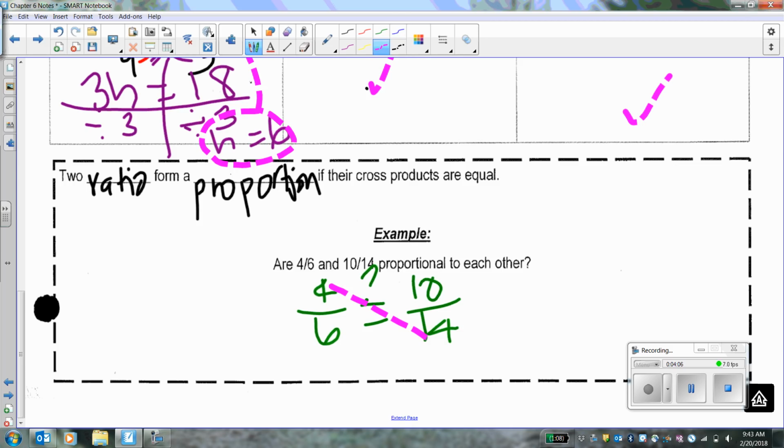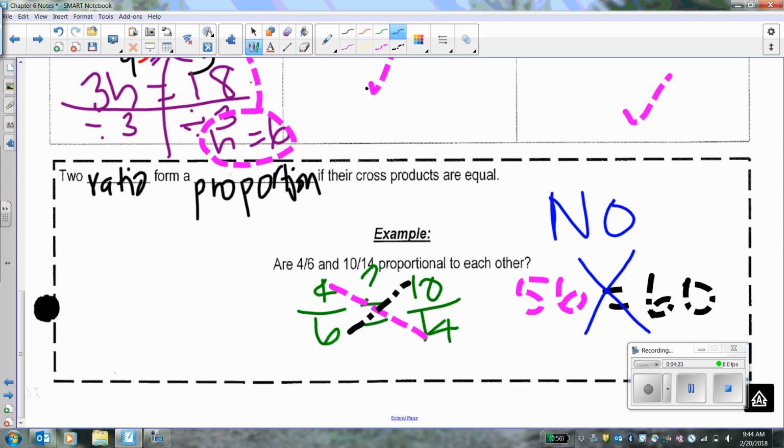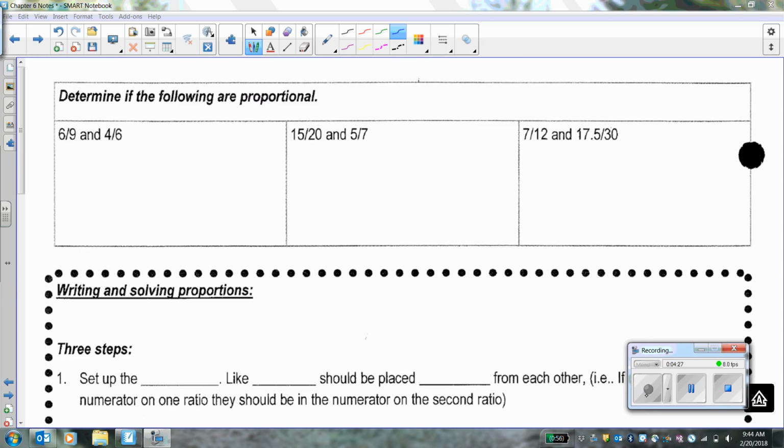So 4 times 14 is 56. And then 6 times 10 is 60. We would say, no, that is not proportional because they do not equal each other. Pretty simple stuff. All right, I will do one more with you, and then you can do the other 2.